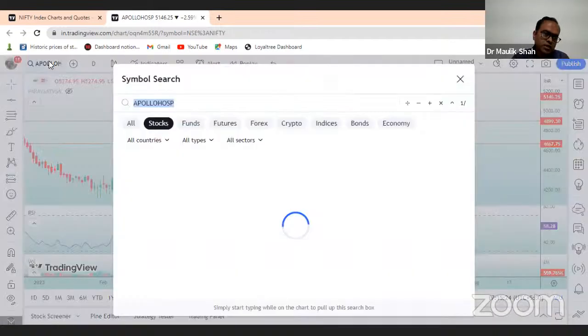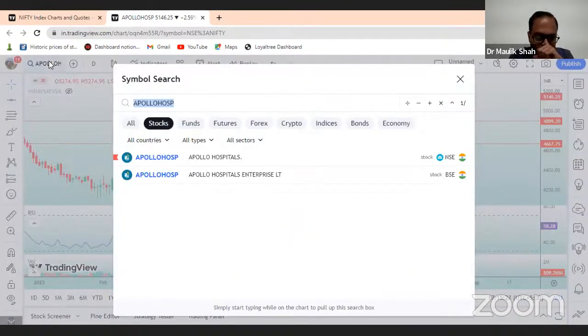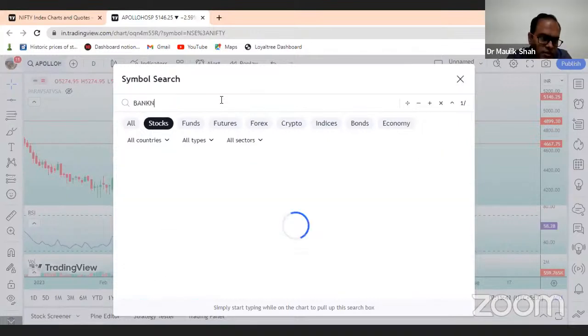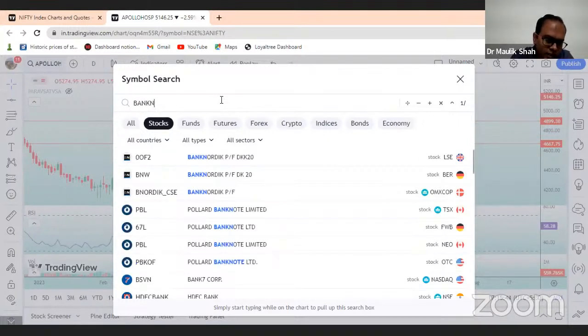Say one more chart. I think we'll take one last chart. Ajay sir, can you suggest any chart, which company? Bank Nifty we can do. Yeah, great. Bank Nifty. Let's check Bank Nifty.